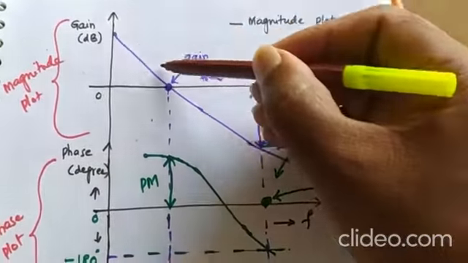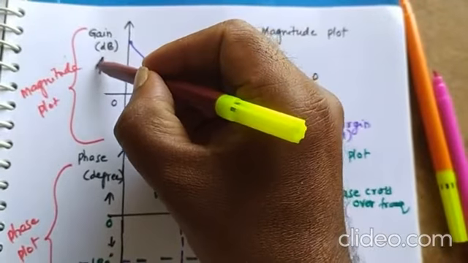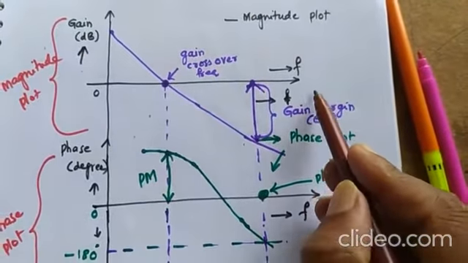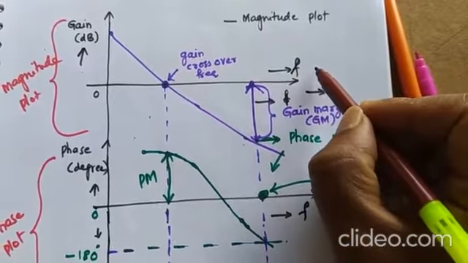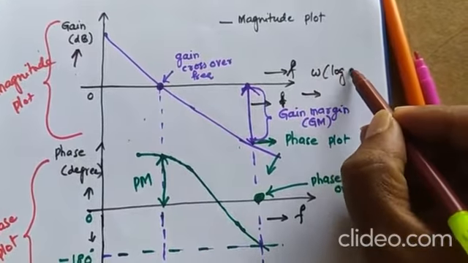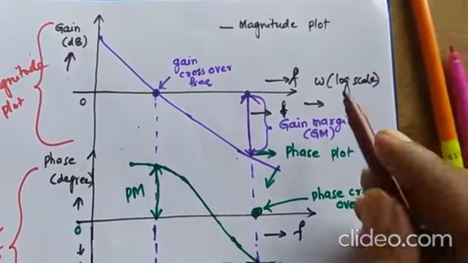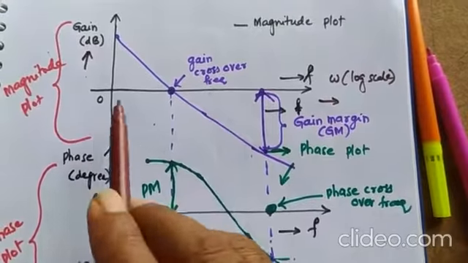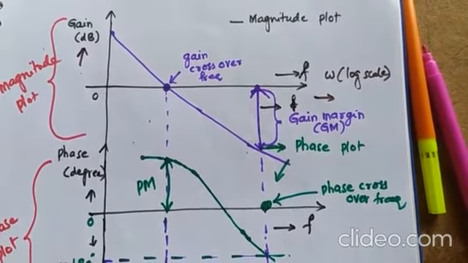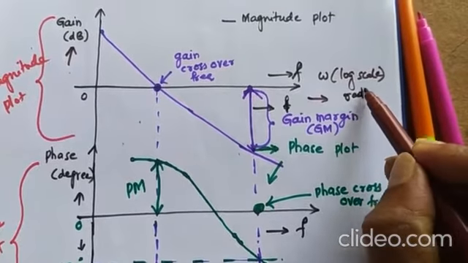The y-axis of the magnitude plot shows the gain or amplitude, and the x-axis is omega on a logarithmic scale in radians per second.